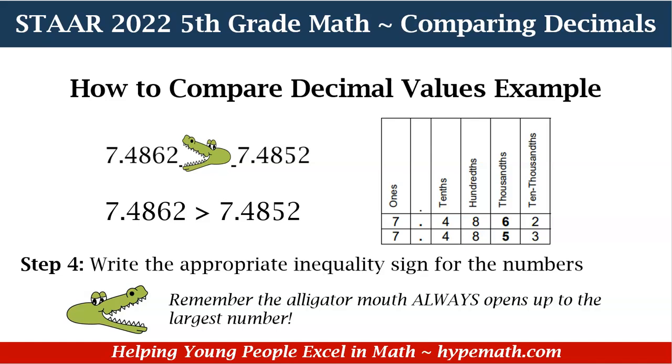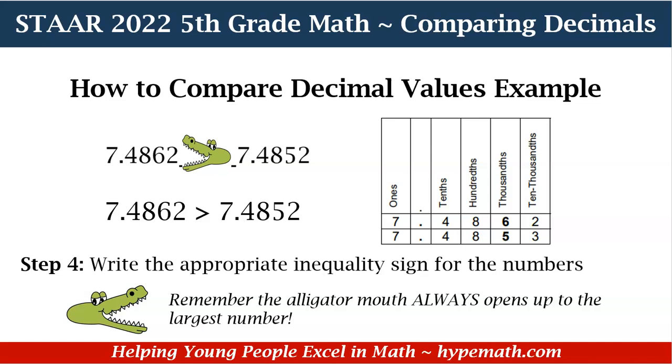We know that 7.4862 is greater than 7.4852. Miss Jackson is messing up, guys. Okay, 7.4862 is greater than 7.4852. How do we know that? Because we know that 6 is greater than 5. So that's what makes the top number greater than the bottom number.